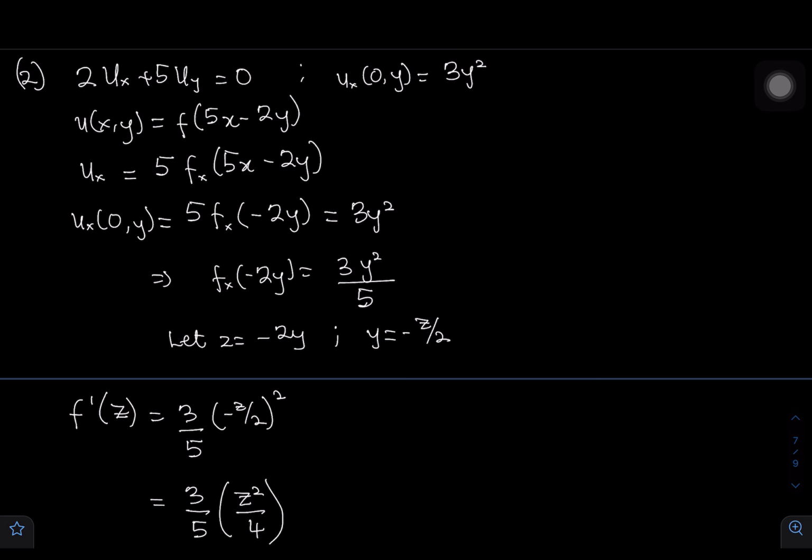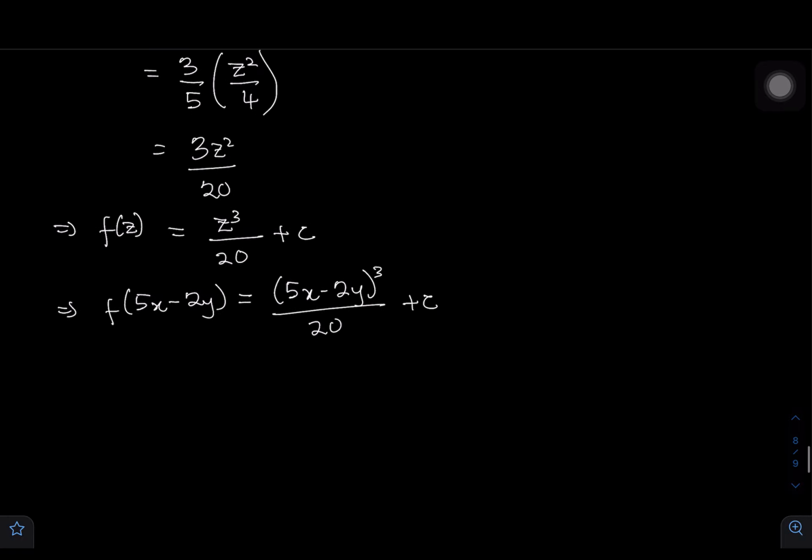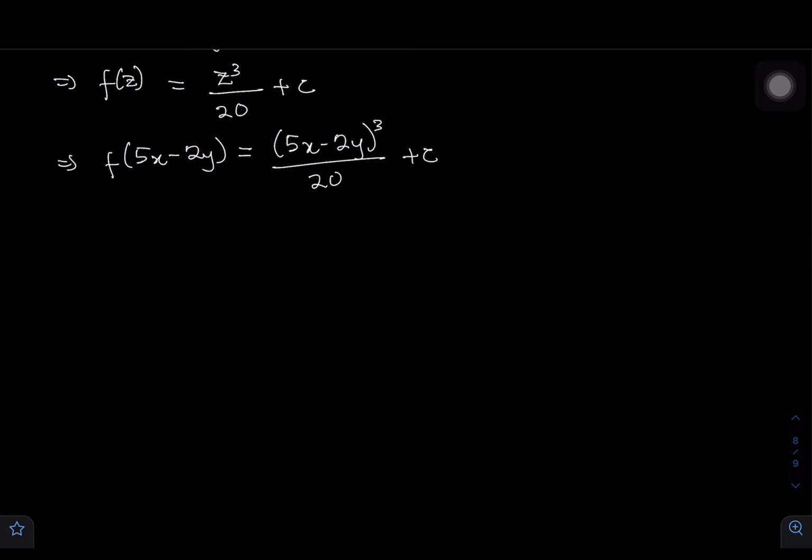So let me add this. Let's pick the case where we are talking of a transport equation. So the transport equation is always going to look like this: ut plus c ux equals 0. This is the basic one. Okay, a basic transport equation. And c here is known to be the speed of whatever material is being transported from one point to the other.